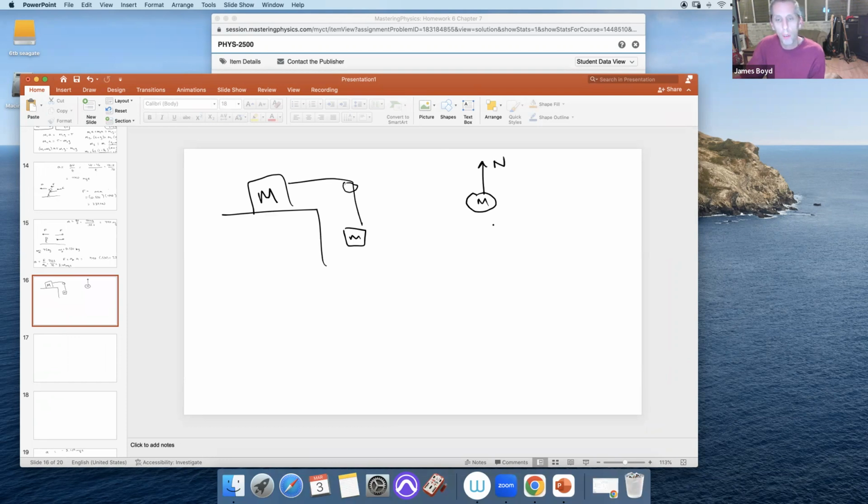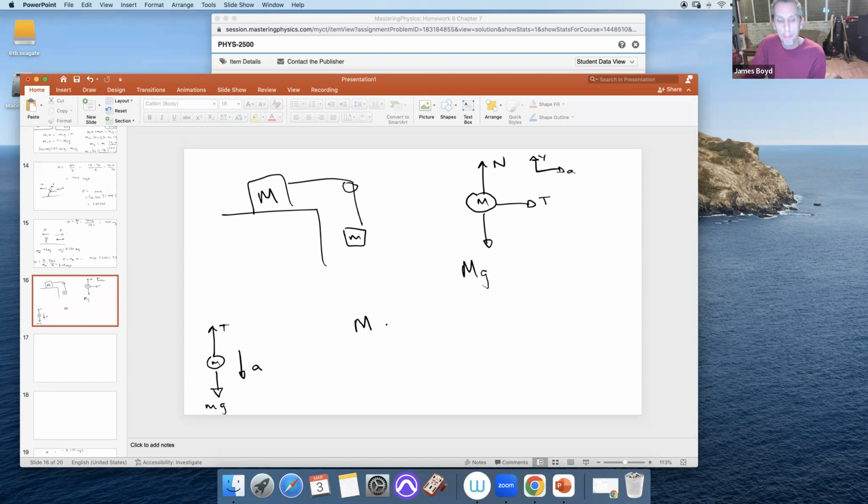So normal force, big Mg, and a tension. And I'm going to say that a goes this way and y goes up. And then for little m, I have a tension and I have little mg. And I'm going to assume that the acceleration goes down for little m.